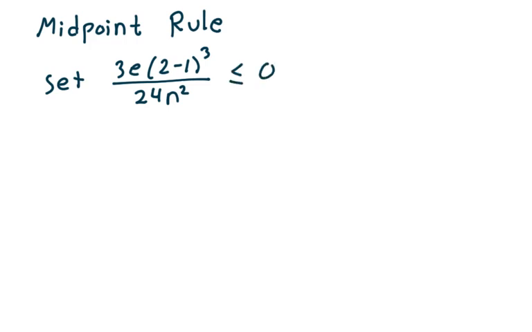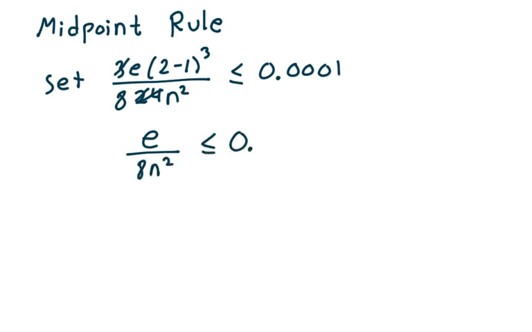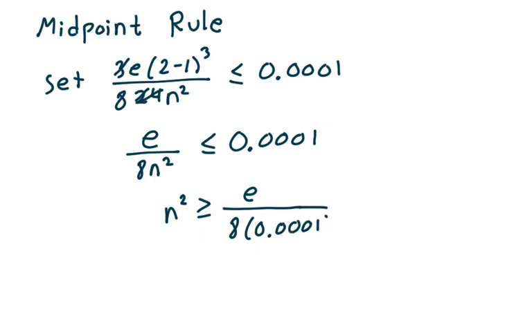And that's less than or equal to 0.0001. 3 goes into 24 8 times. So I get e over 8n squared is less than or equal to 0.0001. And so n squared is greater than or equal to e divided by 8 times 0.0001. And so n is greater than or equal to the square root of all that.